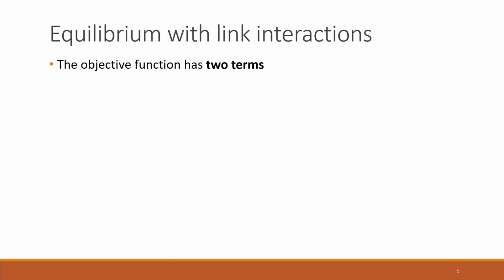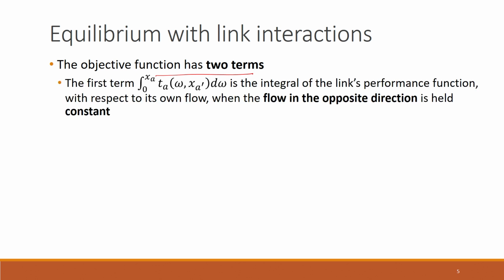So, this is again saying that the objective function has two terms here. The first term, that is this integral which is going from 0 to x A, of t A omega, x A dash, d omega, is the integral of the link's performance function with respect to its own flow. Why are we writing own flow?